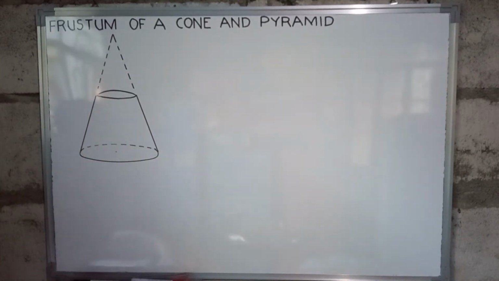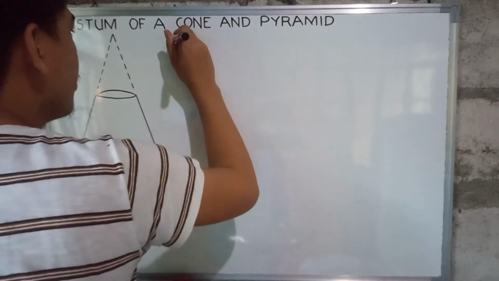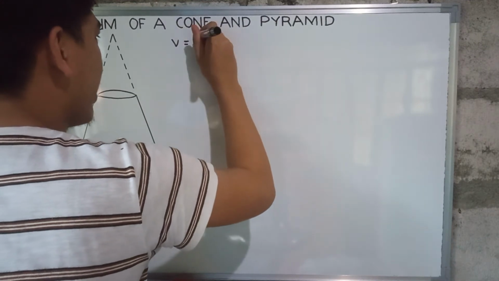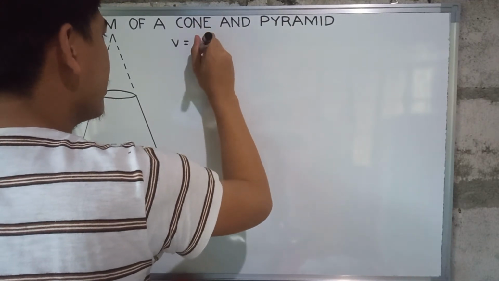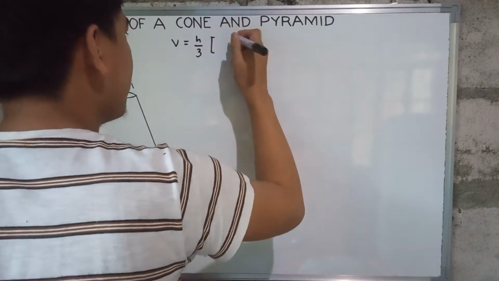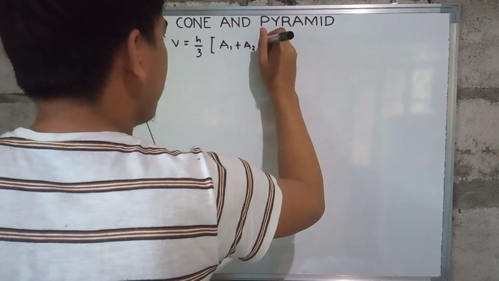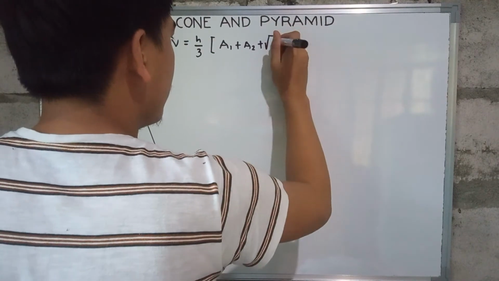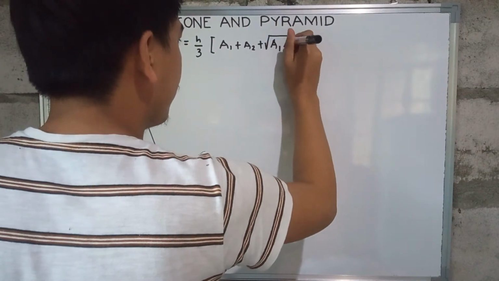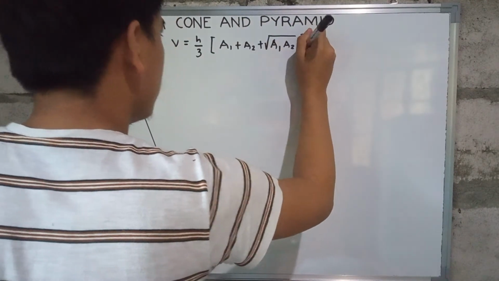So, to calculate for the volume of a cone in a certain frustum or the general formula para sa isang frustum is volume is equals to h over 3 multiplied by a sub 1 plus a sub 2 plus square root of the product of a sub 1 and a sub 2.